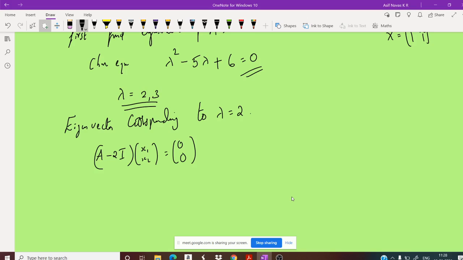Anybody got the answer? You know how to find the eigenvector, right?